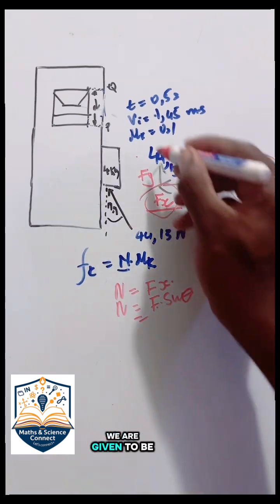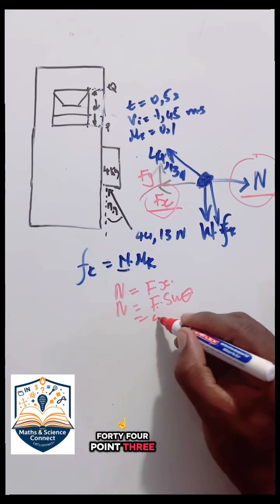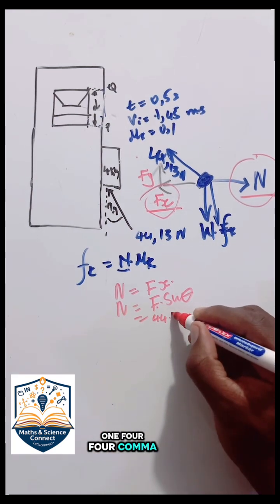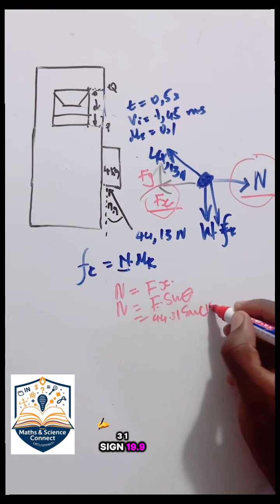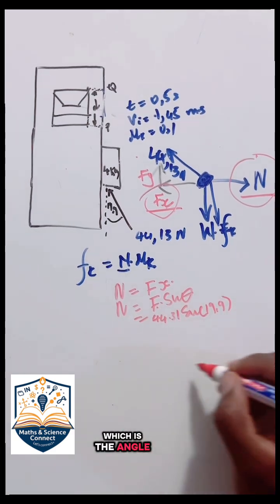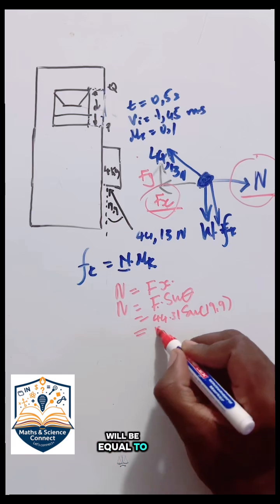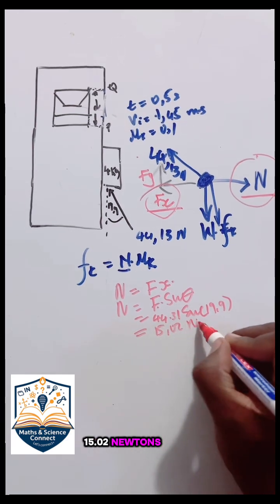What is F? We are given 44.13 times sine of 19.9, which is the angle. And then normal force will be equal to 15.02 newtons.